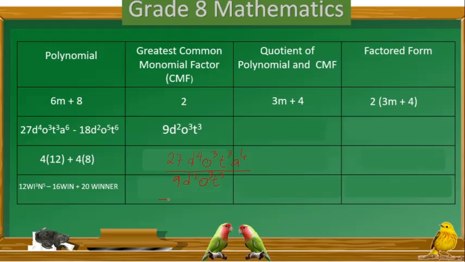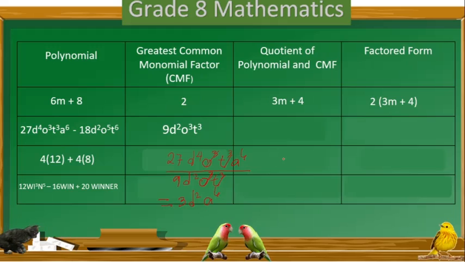So our first quotient now is 27 divided by 9, that is 3. This one, d to the fourth divided by d squared, simply subtract the exponent. 4 minus 2, we have d squared. Then o cube divided by o cube cancel because they are the same, as well as t cube and t cube. Then copy a to the 6th.